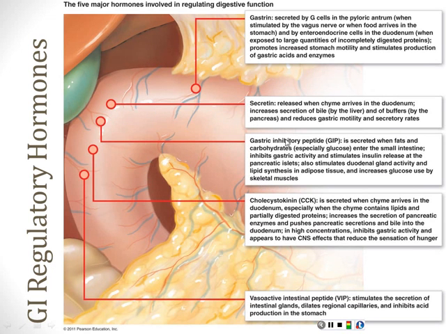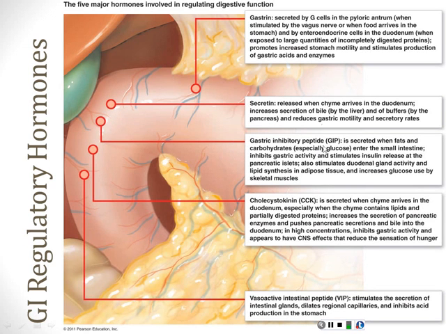GIP, gastric inhibitory peptide. Well, it kind of tells you what it does. Gastrum is stomach, so this is a peptide, which just tells you what kind of a hormone it is, that inhibits the stomach. So when fats or high amounts of carbohydrates enter the duodenum, that first part of the small intestine, gastric inhibitory peptide is released, and it slows the stomach down.